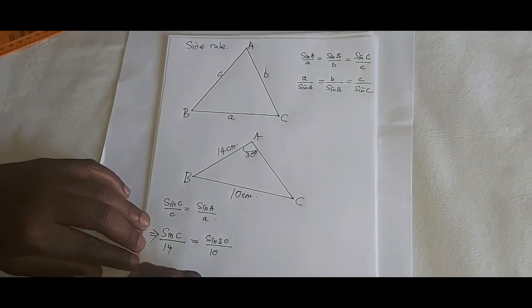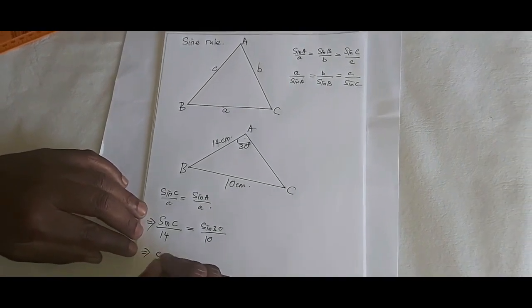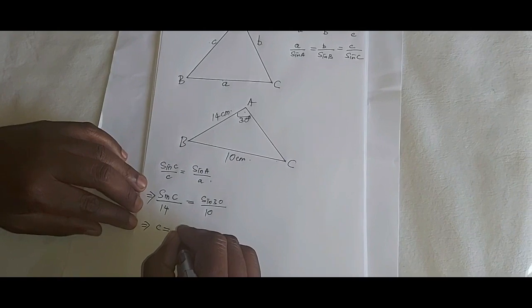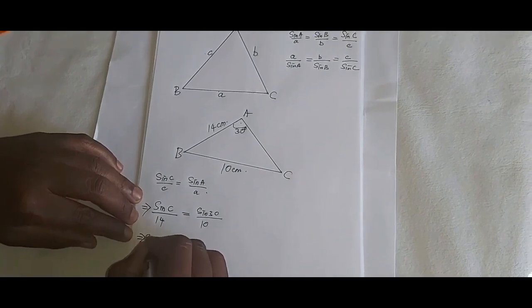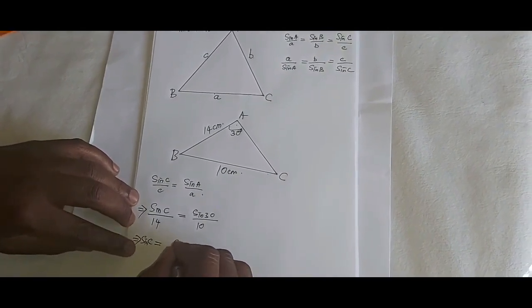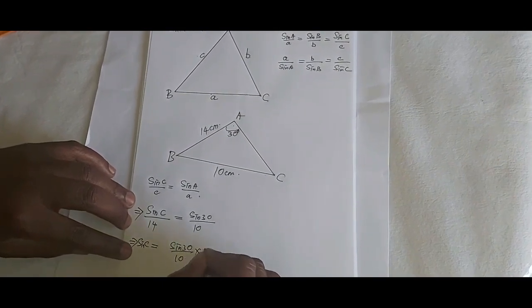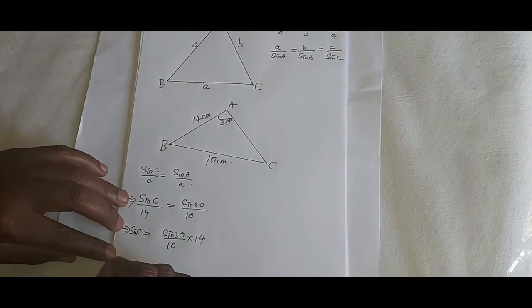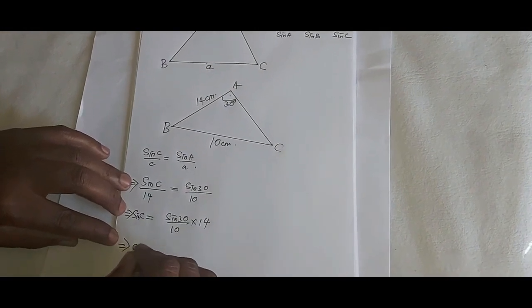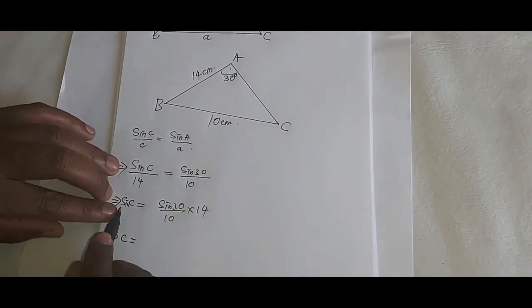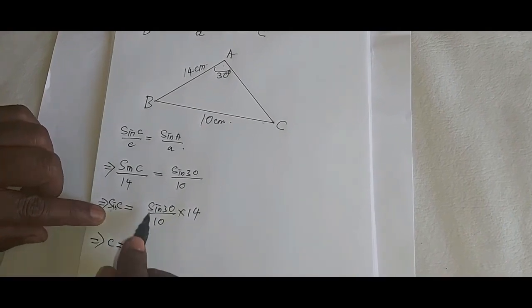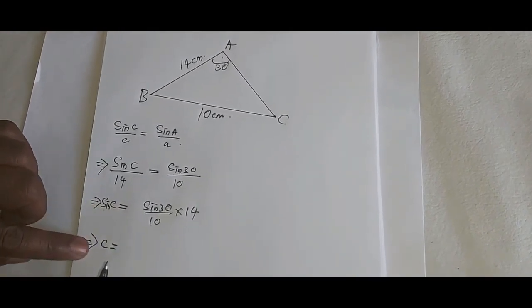So sine C is equal to sine 30 over 10 multiplied by 14, which implies that angle C is equal to, remember, for me to find the angle I must take the inverse sine, the second function sine.